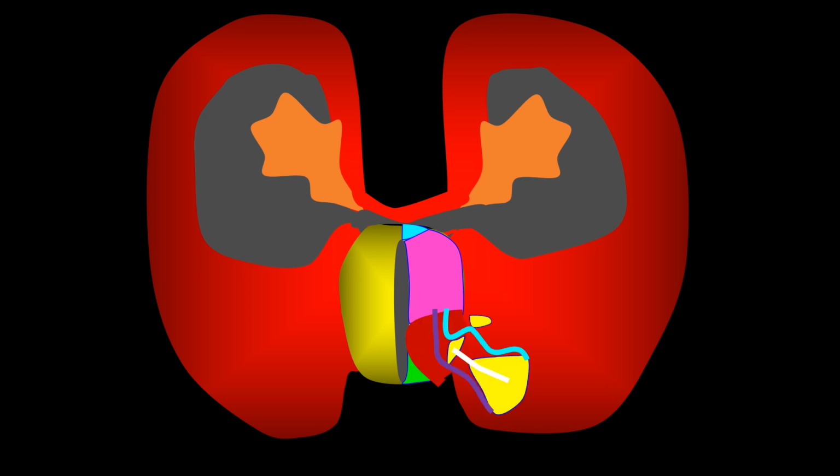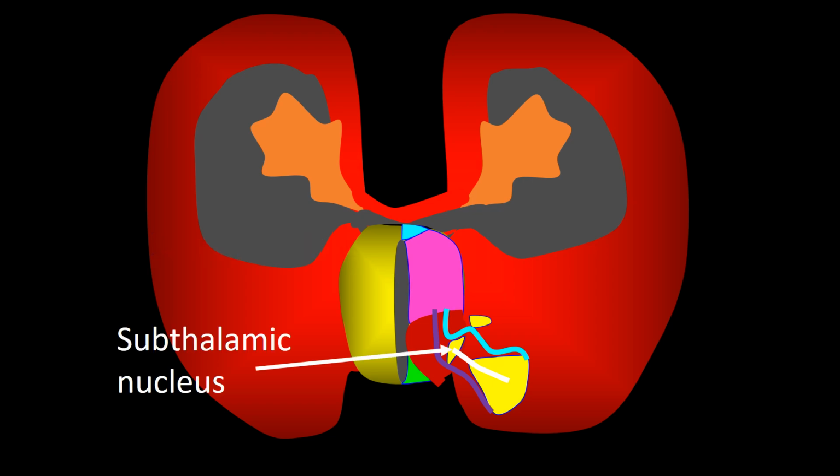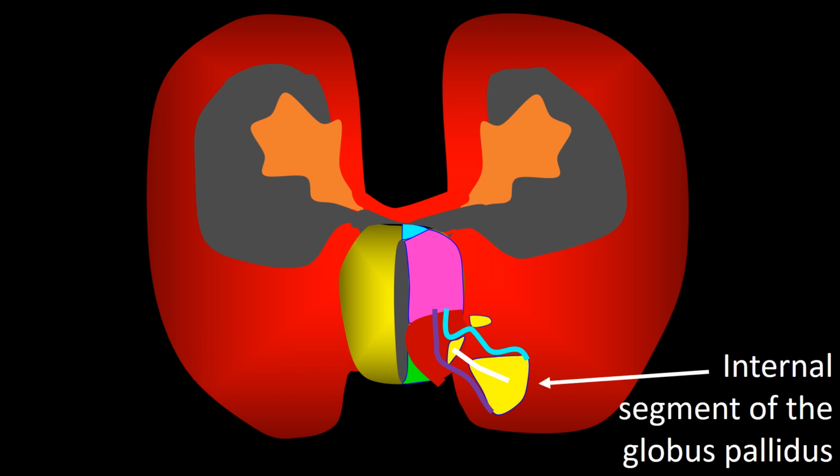Here I have represented the consequence of the passage of the upper motor neuron axons on the way to the lower motor neurons. The zona incerta, the subthalamic nucleus of Luys, and the internal segment of the globus pallidus.